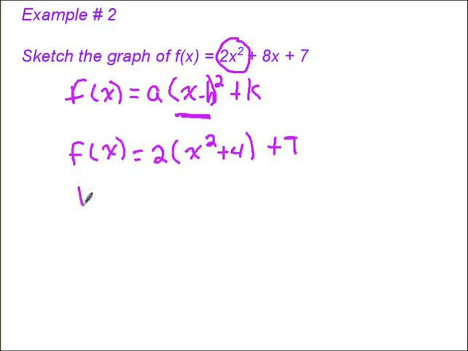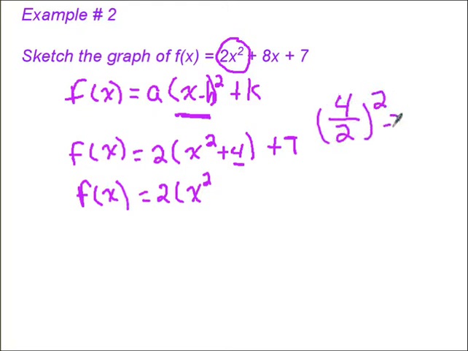So in order to do that, you're going to do the favorite thing from last year, completing the square. Remember, if I want to complete the square, I take this term here and I divide it by 2 and I square it. So 4 divided by 2, quantity squared, gives me a value of 4. That should be an x here, excuse me.